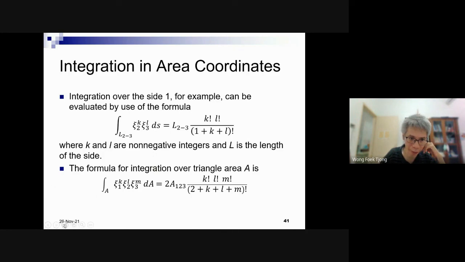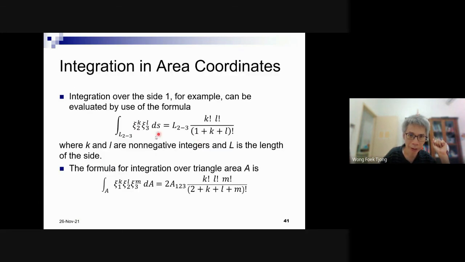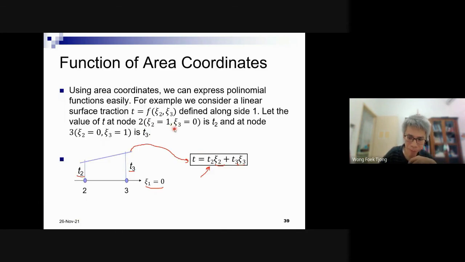If we need to calculate area integrals or line integrals, here is the formula for line integrals. So if we want to integrate this function, okay, we may use just this formula. So C2, C3, a function of C2, C3 to the power of what?